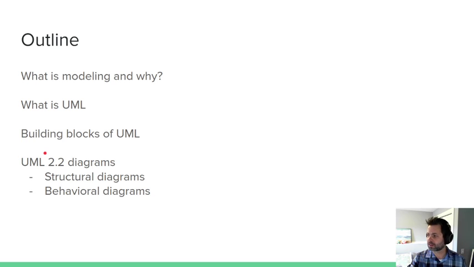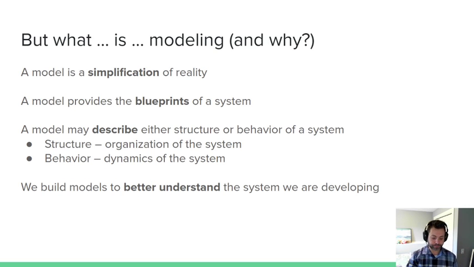The current release is, I think, 2.5.1 of the UML spec. That probably doesn't mean anything to you, right? Basically, all this means is that if a revision comes out down the line, you may need to update a diagram to fit the new standard. We have structural and we have behavioral, so static and dynamic aspects of it.